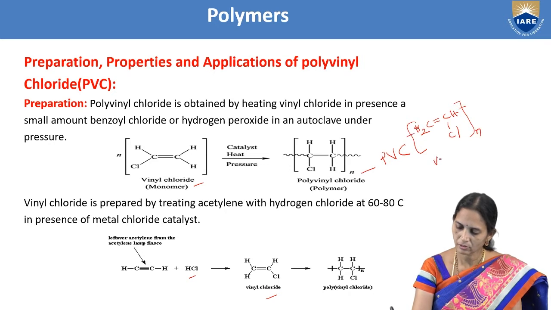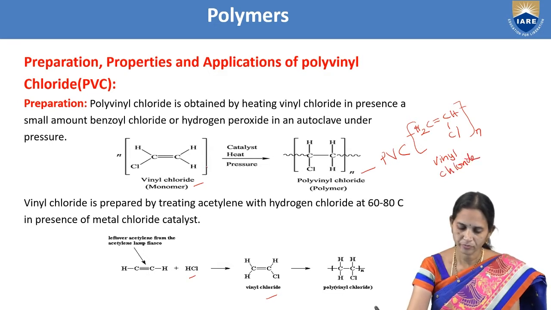So this is vinyl chloride. And to this we are adding benzoyl chloride catalyst and we go for a polymerization reaction.